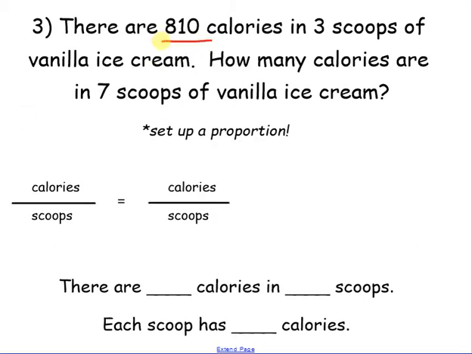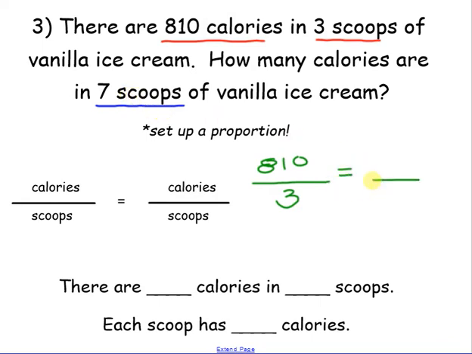There are 810 calories in 3 scoops of vanilla ice cream. How many calories are in 7 scoops of vanilla ice cream? I'm going to set up my proportion, and I've given you some help over here. So we have calories on top, scoops on the bottom. 810 calories over 3 scoops of ice cream equals 7 scoops, that's on the bottom.